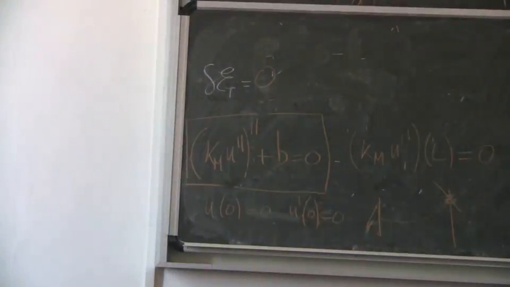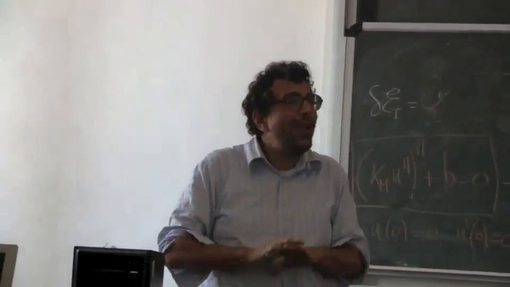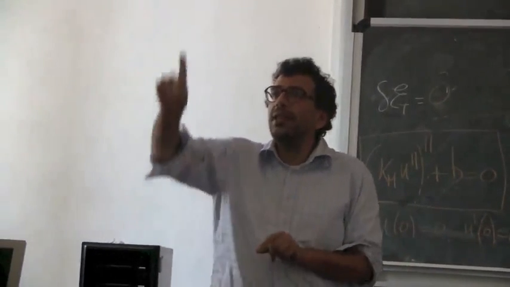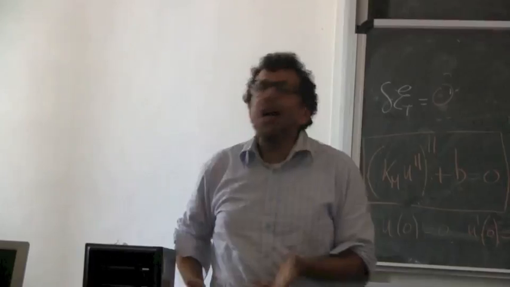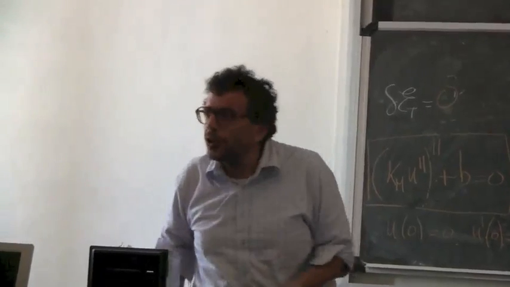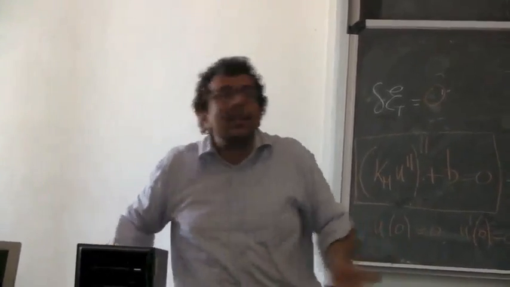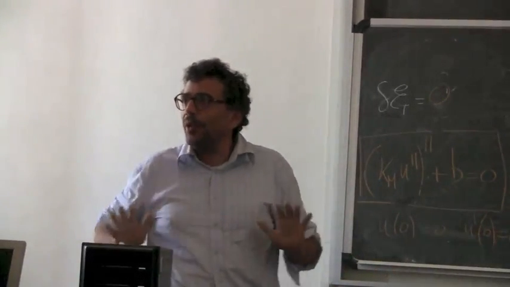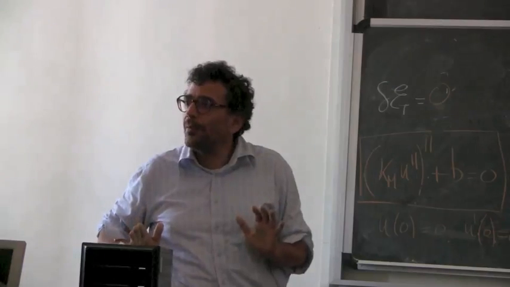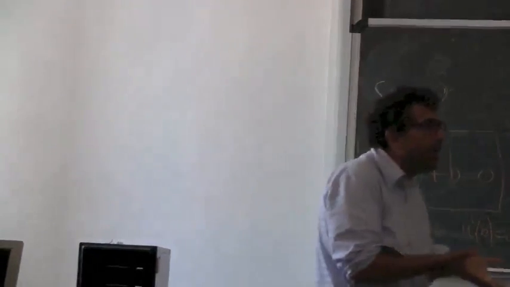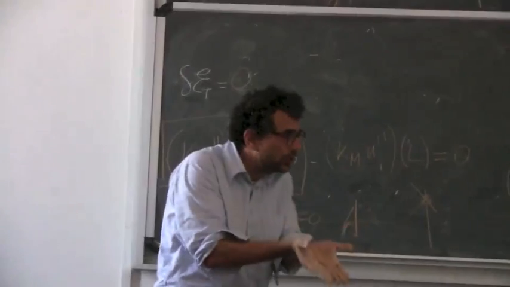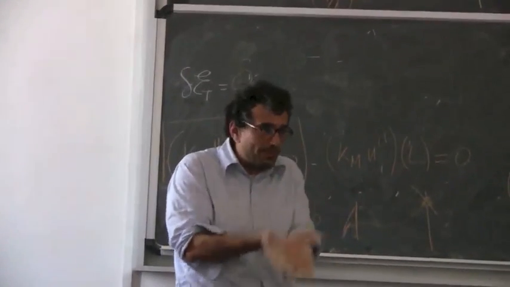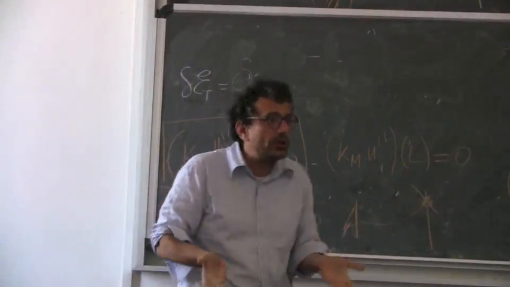When I go to a conference and I talk about variational principles, there is always somebody who raises his finger and says, how do you do with boundary conditions? And I say, so, this is the last problem when you have variational principles. Variational principles produce to you the exact number of boundary conditions.